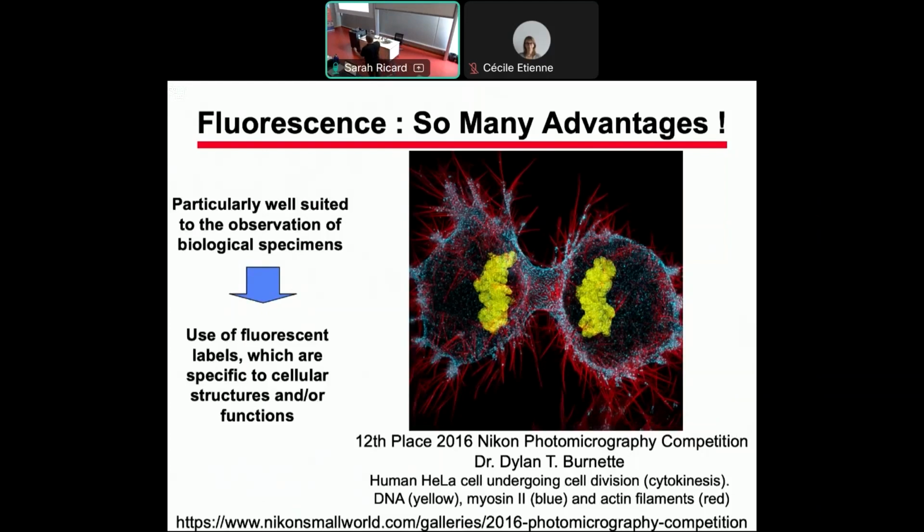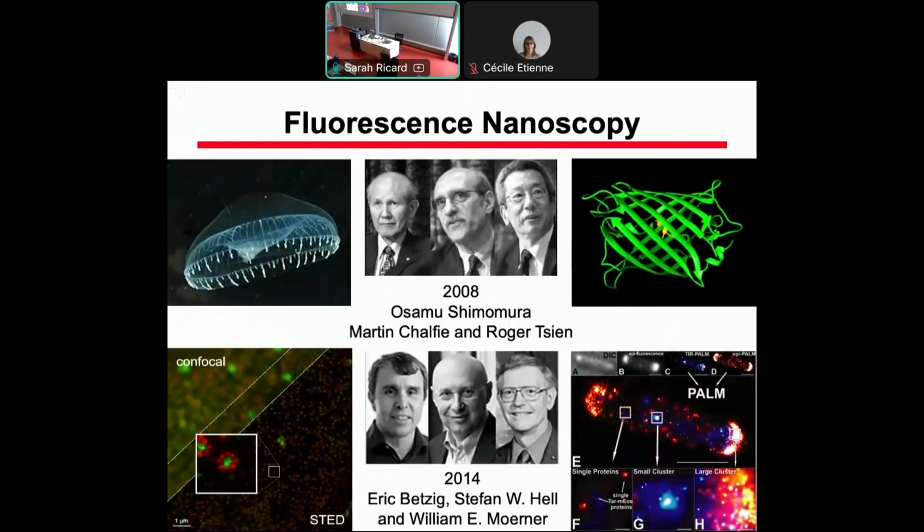So you can label almost anything, optogenetics for example, which explains the success of this technique. Also, it has permitted the real breakthrough in resolution. Optical nanoscopy works thanks to fluorescence.